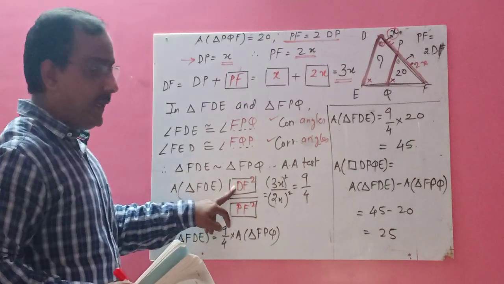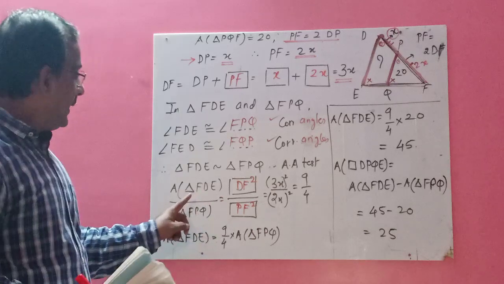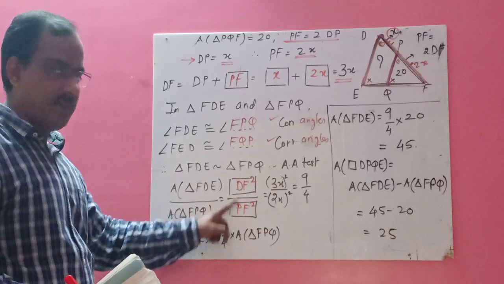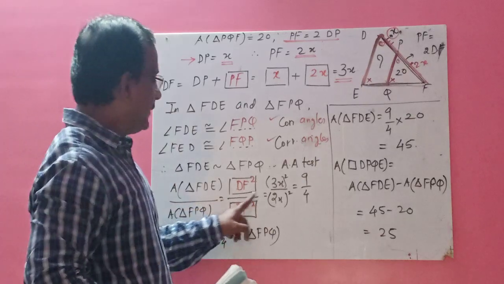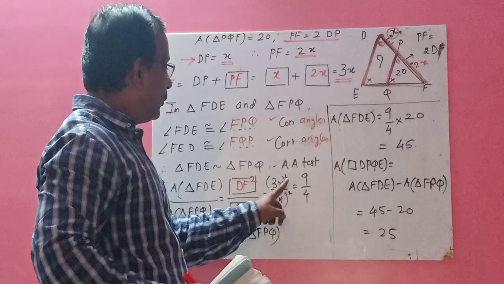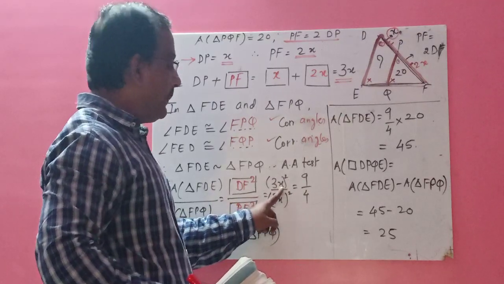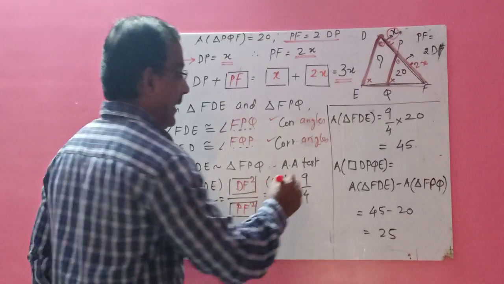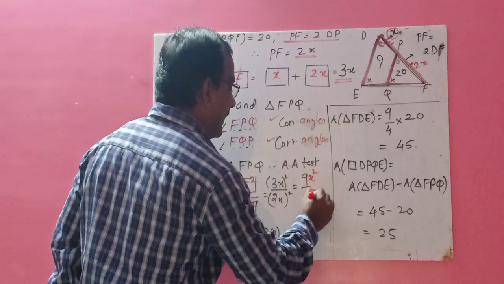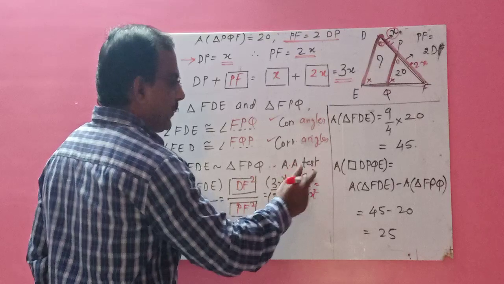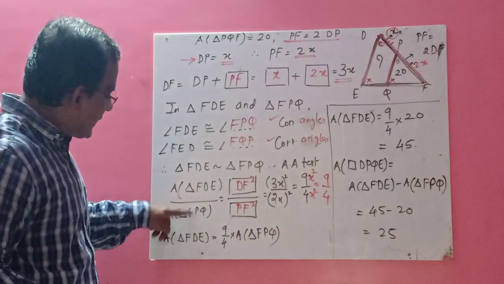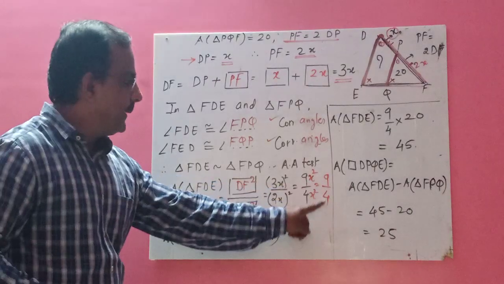So DF square upon PF square, corresponding sides. DF we have 3x, PF we have 2x. Because it is square, put here square. So 3x square becomes 9x square, and this is 4x square. So x square gets cancelled and you will get 9 upon 4. So the ratio of the areas we got is 9 upon 4.